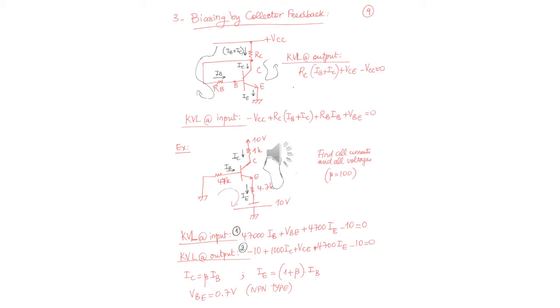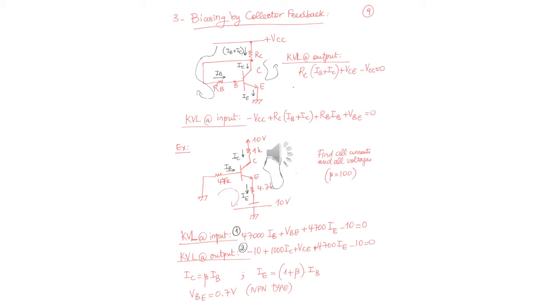Here you have VCC, as if you have a voltage source, the positive is up and the negative is down. KVL at output: RC times (IB plus IC) plus VCE minus VCC equals 0. Please don't forget, you cannot go across the transistor and write nothing in the loop.